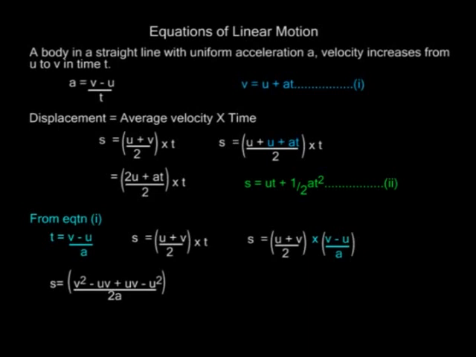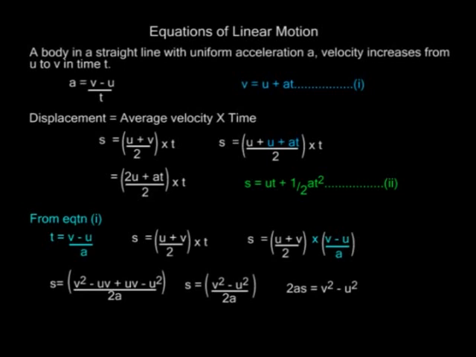Continuing, we shall have minus uv plus uv cancels out or disappears. So we shall have v squared minus u squared over 2a. Then when we do cross multiplication, we shall have 2as is equal to v squared minus u squared.